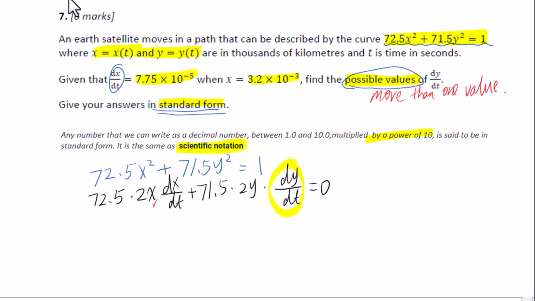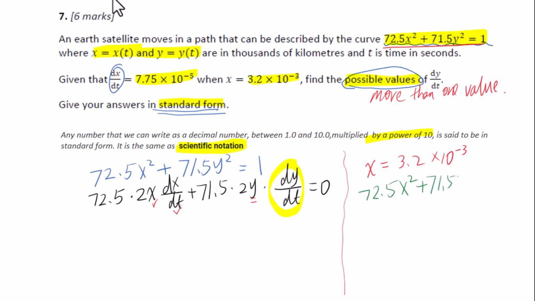We are looking for dy by dt. X is given, dx by dt is given. Y, we don't know. We need to figure out y first. Then we can figure out dy by dt. Since this is calculator based, we can use a calculator to get the answer quickly.